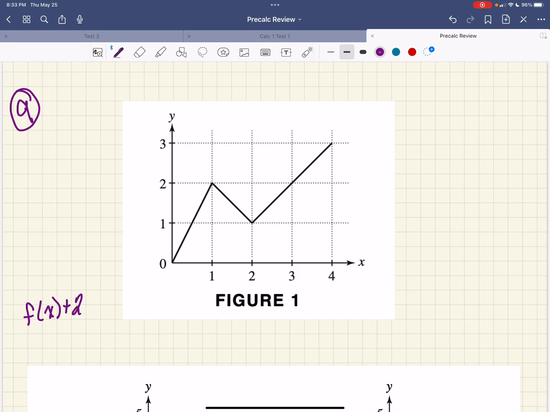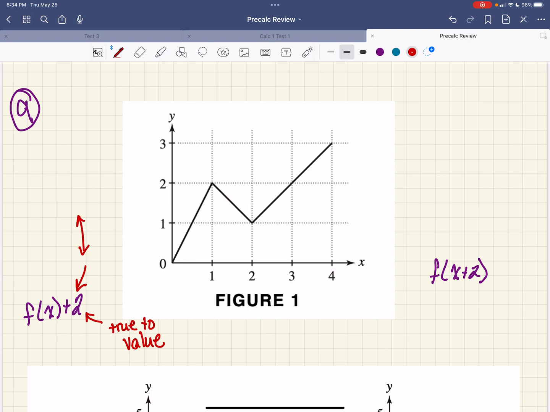And then the second thing you were asked to do is to sketch the graph of f of x plus 2. Now, this right here is going to affect our y value. It's going to affect our y value, so we're going to move the function up and down based on that. What I'm going to do here is look at every single point and move it up 2.